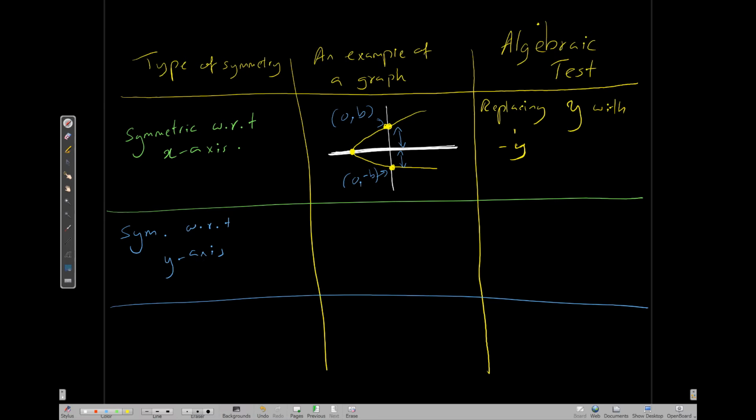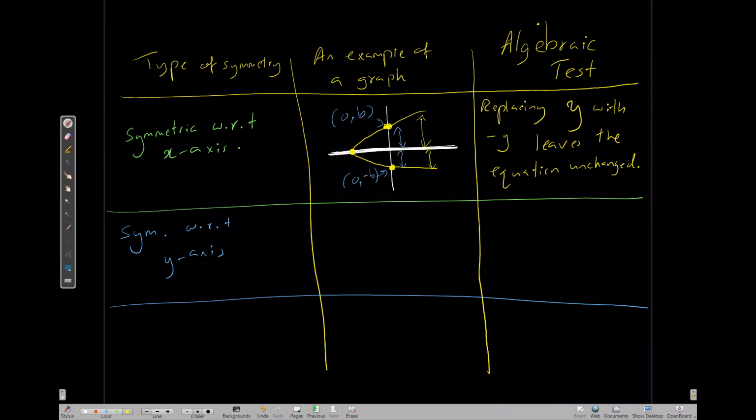Replacing y with negative y leaves the equation unchanged, right? The idea is clear because whatever this y height, you must have the negative y height of that one, right? That is the idea. But when we see more examples, you will understand.